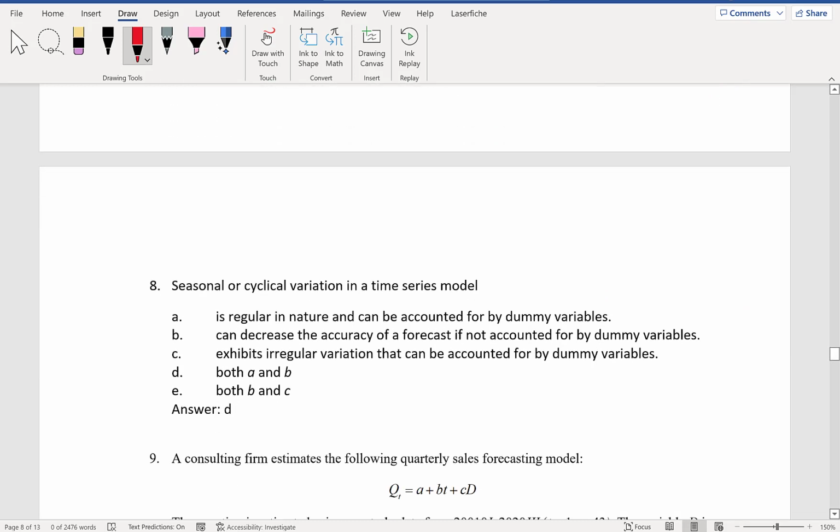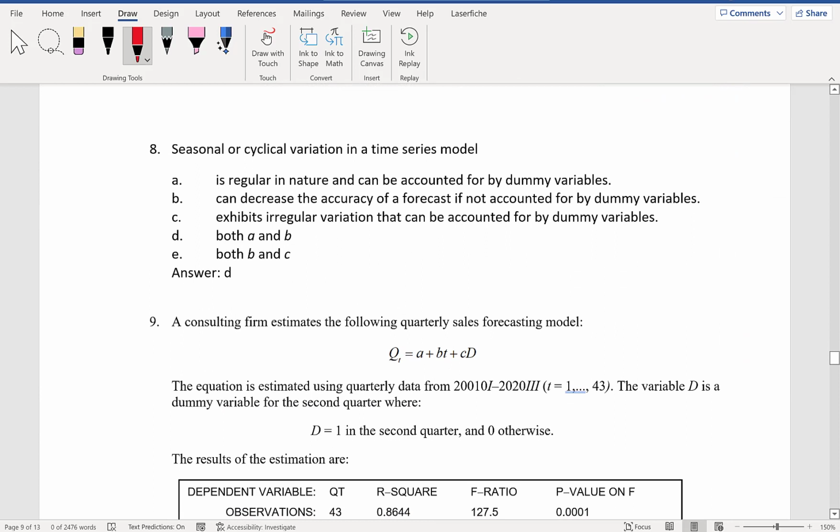Next question. I was going to skip question 8, but let's do it. Seasonal or cyclical variation in a time series model is regular in nature, yes, and can be accounted for by dummy variables, yes. So this is correct, but I like to keep reading. It can decrease the accuracy of the forecast if not accounted for by dummy variables.